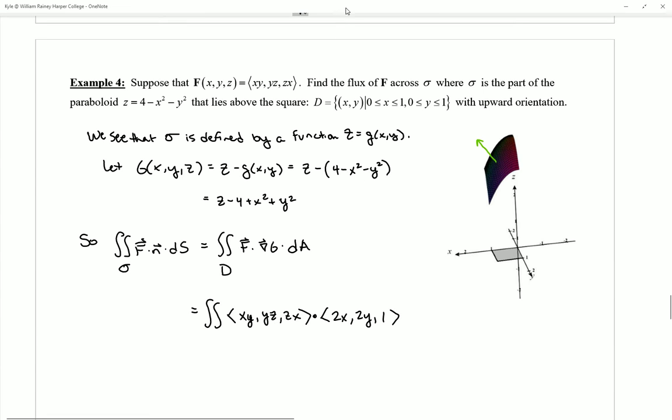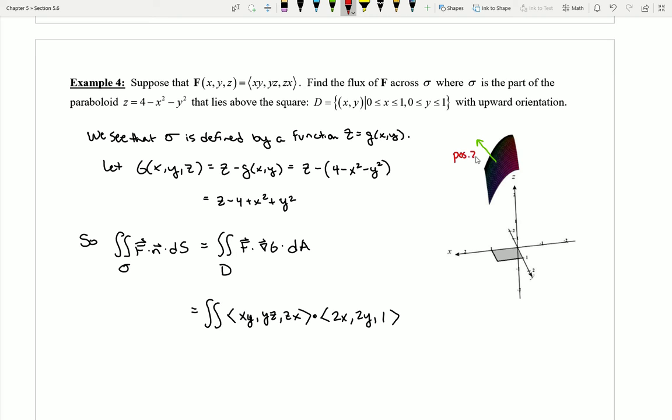So again, since I need to have upward orientation, that means I need to have a positive z. So this vector will slope upwards, and I do have a positive z. Again, if I multiplied this by a negative 1, I would have a negative z component, and I'd get a vector that points downward. I don't want that. So this looks like a perfect setup for what we need.